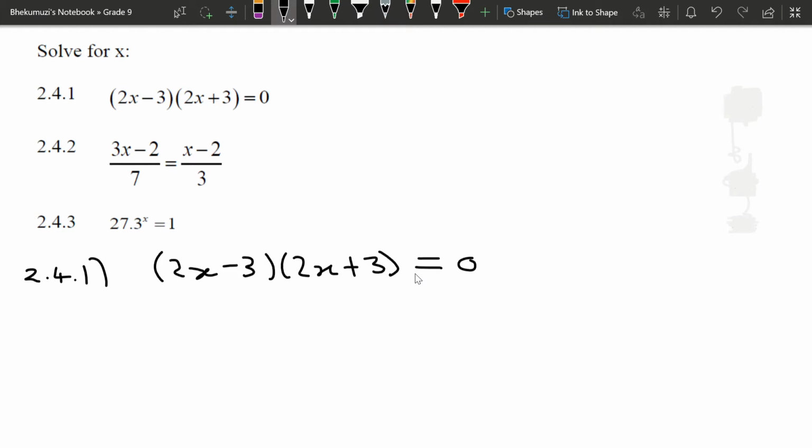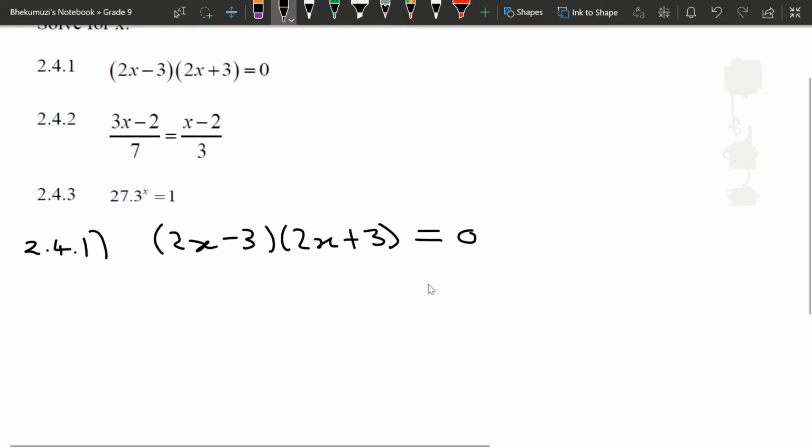Usually we get to this step once we have factorized a quadratic equation, where we have something like x squared plus 2x plus 1, where we go to the last constant number and look at what two numbers multiply to get that number, but those two numbers should also add to give us the middle number, right?